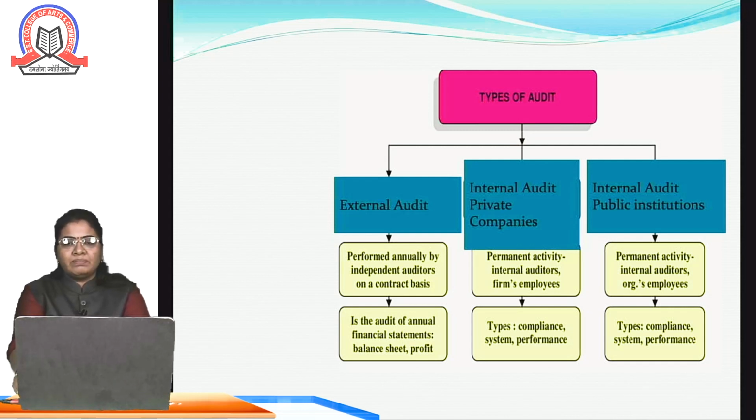After one year, it will be submitted to the external auditors for their checking. The types of auditing taken by internal auditors for private companies are compliance, system procedures and performance. Every day, every week, every month, all the procedures of the organization will be stored in the data, and the data is provided to external auditors on their visit.